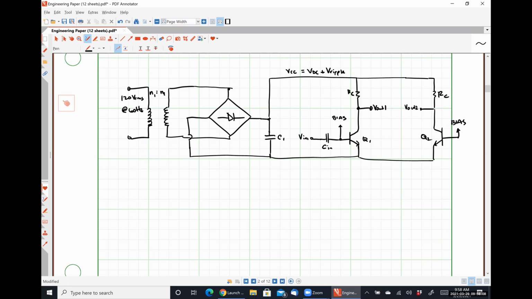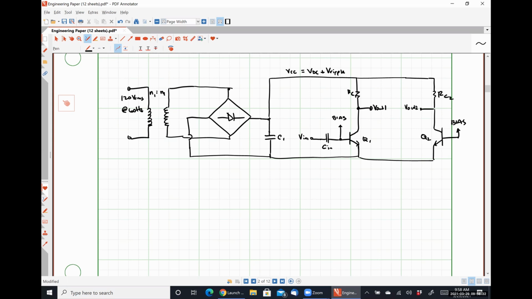Q1, Q2, let's call this RC1, and let's call this guy RC2. So effectively, all we've done is connect another common emitter amplifier in parallel to this guy's.